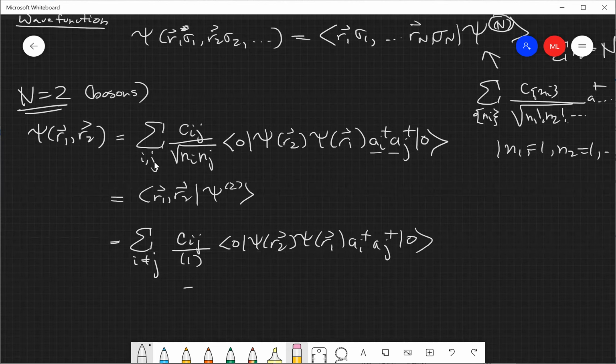And then you also have plus I is equal to J, just a single sum. Then you have two particles in state I, so this becomes Ci over square root of 2.